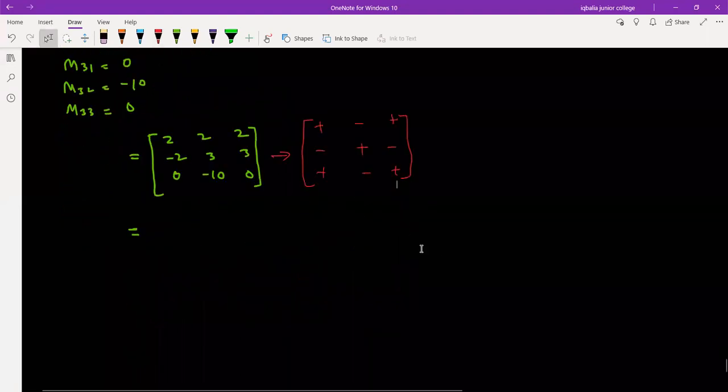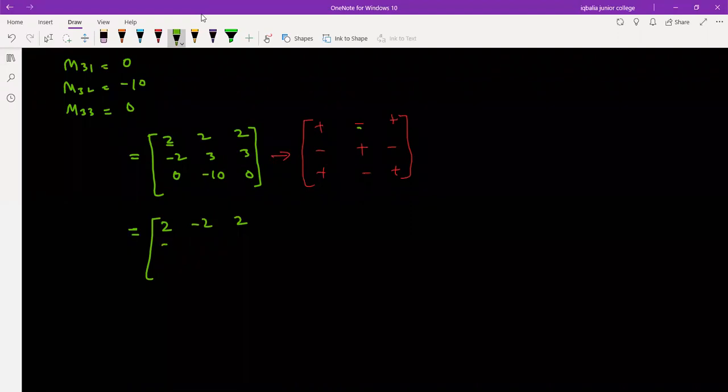Okay, let's see how. Here, plus will be multiplied with 2, minus will be multiplied with 2. So first of all, plus will not change. Here I have a minus, this minus will be multiplied with 2, so it will be minus 2. Then here, no change, no change. Again minus here, minus here.